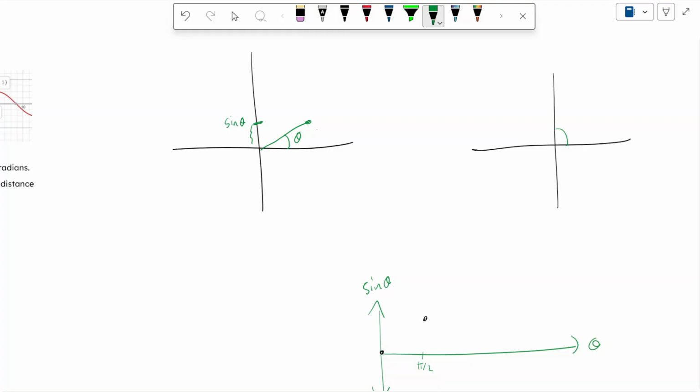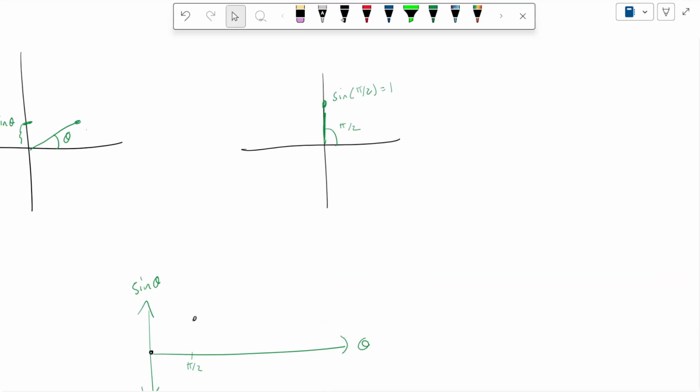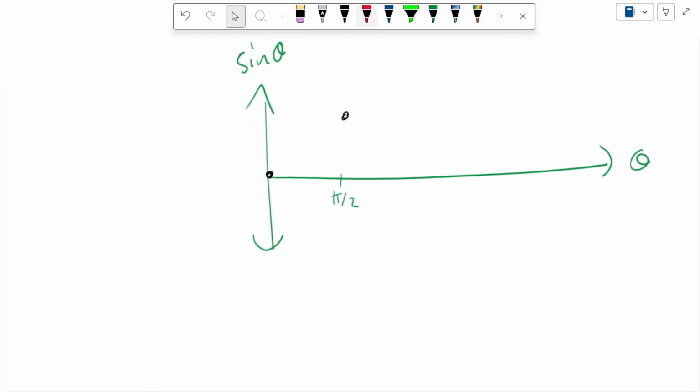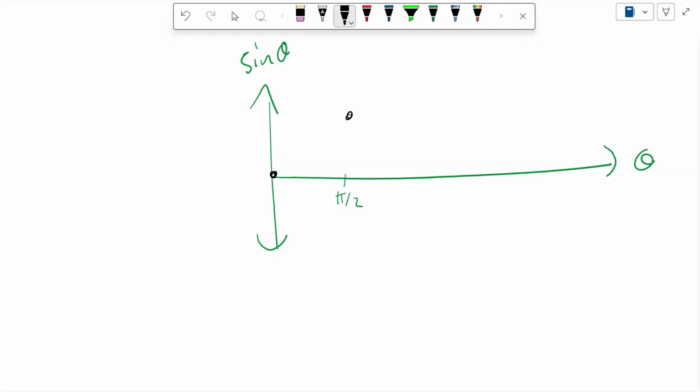So that's going to look like this. And then the y value, or sine of pi over 2, equals 1. Eventually we're going to sweep around even further, all the way around to pi, and then the height will be 0 again. So at pi, a height of 0.